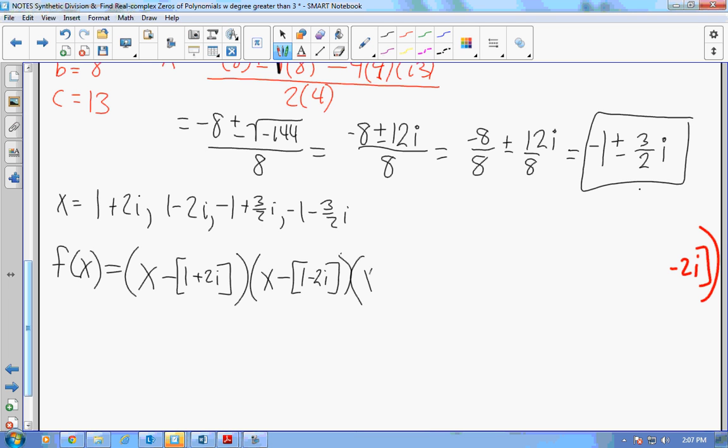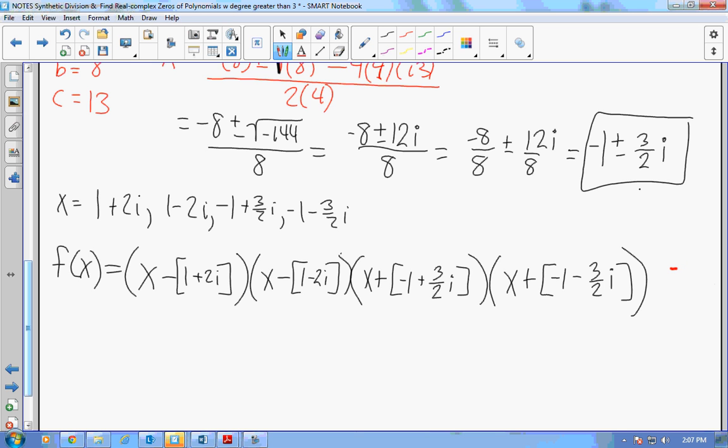Now the next one, x. This is a negative 1, so we write plus the group negative 1 plus 3/2 i. And then we have a negative 1, so we write x plus the grouping of negative 1 minus 3/2 i. And that is your linear factorization.